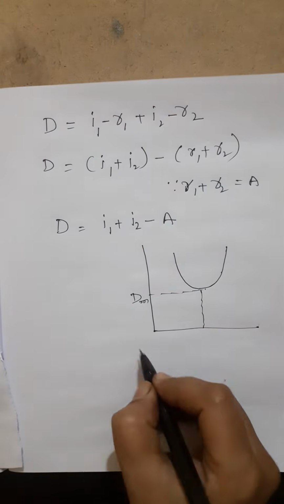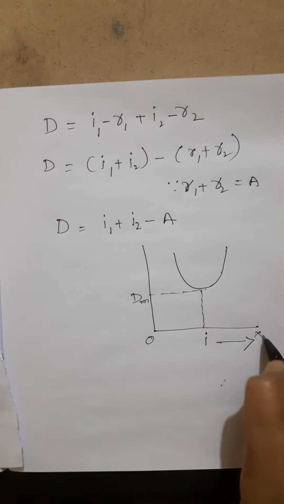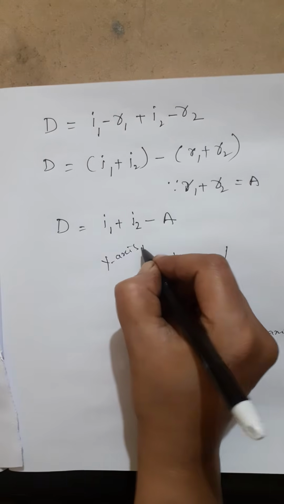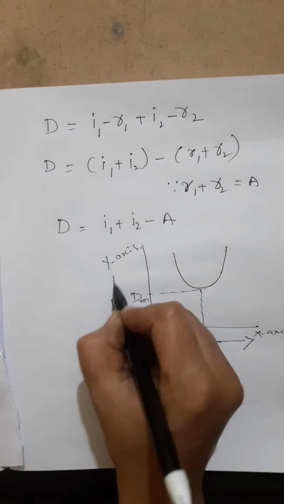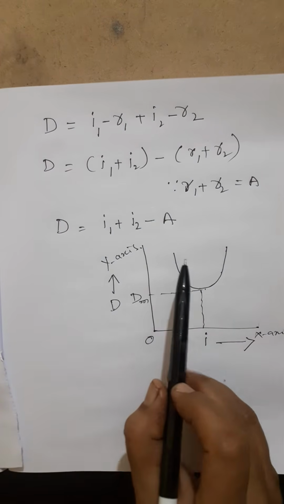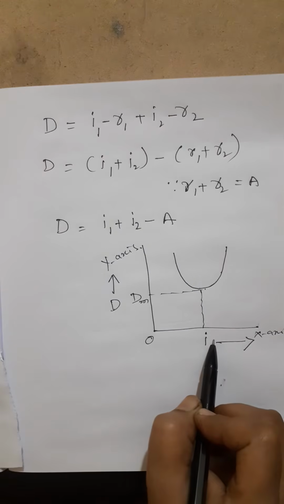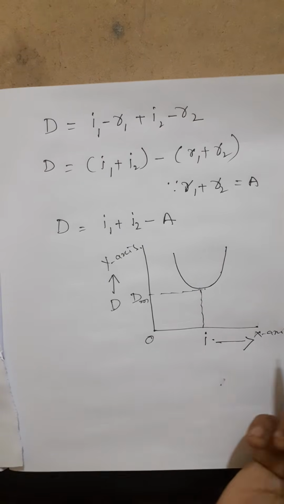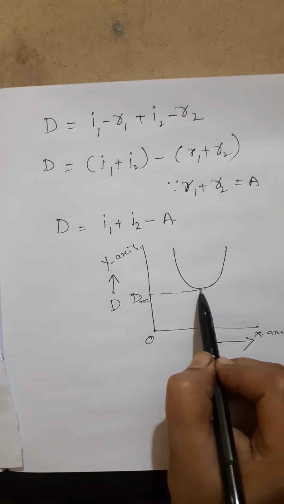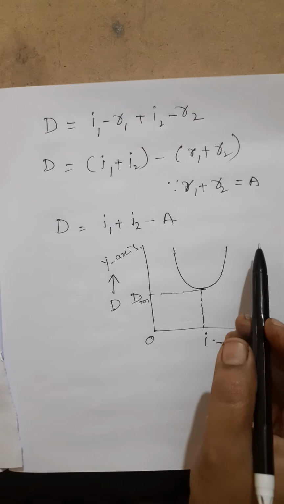This is D_m, the angle of incidence is on the x axis, and this one is the y axis. It is experimentally proved that as the angle of incidence increases, the angle of deviation decreases, and it reaches a minimum position, and then it increases again.